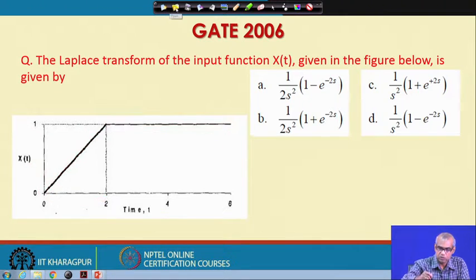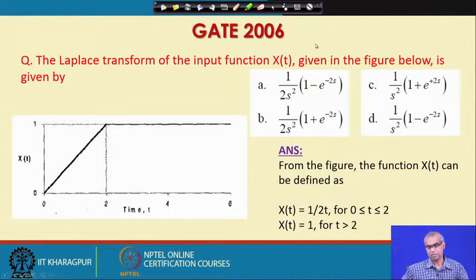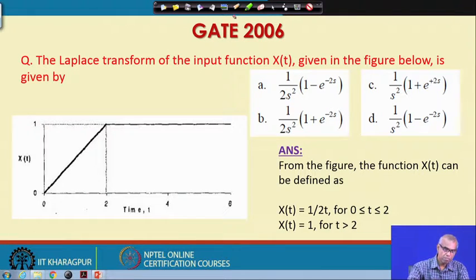So, x t can be described as x t equal to half t, it is like y equal to m x. So, m is half here, you can see why it is half. This is delta y by delta x. So, half into t, t is the independent variable.